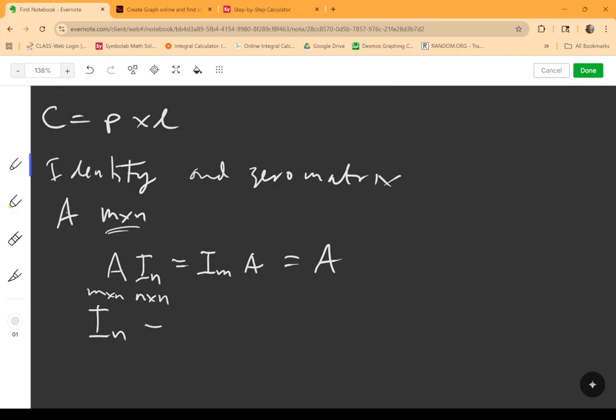Now the identity matrix I_n is simply the matrix where everything on the diagonal is 1, and then everything above the diagonal and below the diagonal is just zeros.